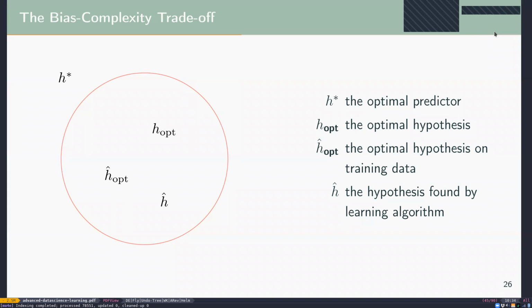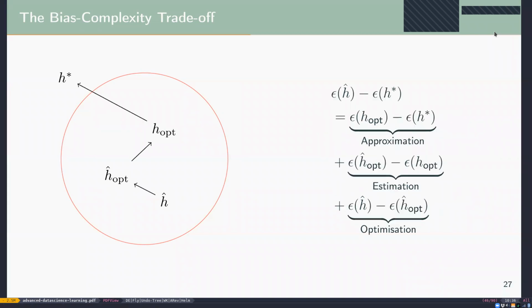Okay, so now what we can do is we can break up an error. The error that we're really looking at, that we're interested in, how good am I doing, is the error from this one to the optimal one, right? That's what we're interested in. But we can break this up into 3 different parts.